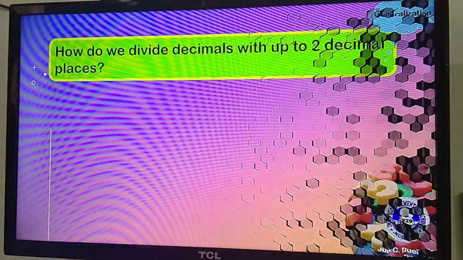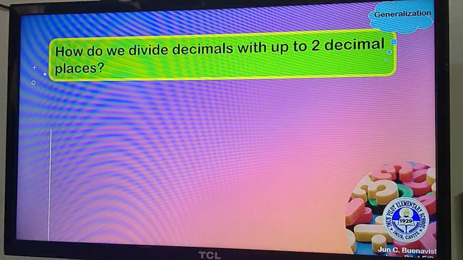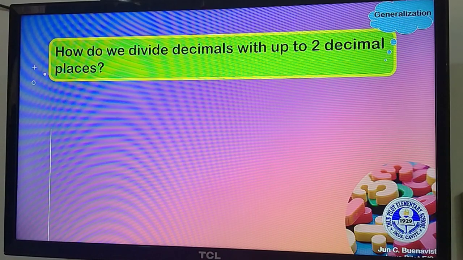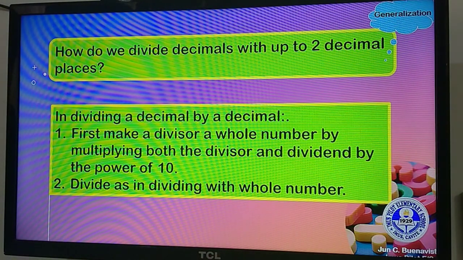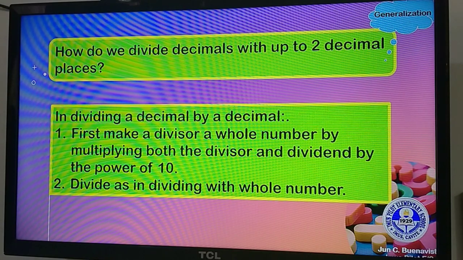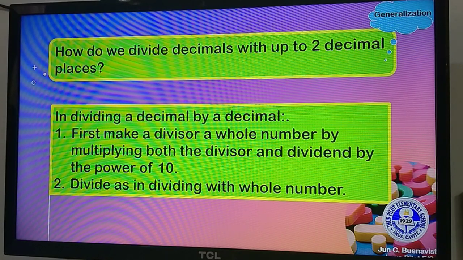Okay, now, how do we divide decimals with up to 2 decimal places? Okay, so in dividing decimal by a decimal, first, make a divisor a whole number by multiplying both the divisor and the dividend by the power of 10. Yun ang sinabi ko kanina. When you say power of 10, it's times 10, times 100, times 1,000.